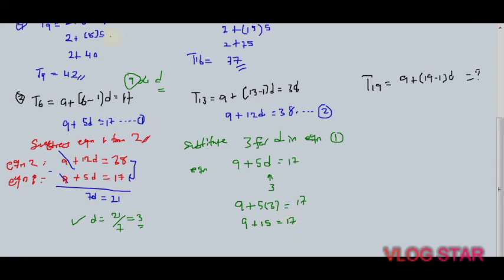Now we'll do the common thing we normally do to collect like terms. 15 moves over to the other side. A is now equal to 17 minus 15. Our a will now be equal to 2. Therefore we have gotten our first term to be 2 and our common difference to be 3. So these are the major things we need for this.